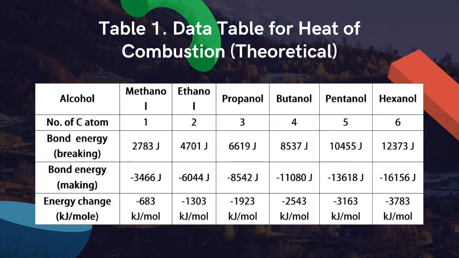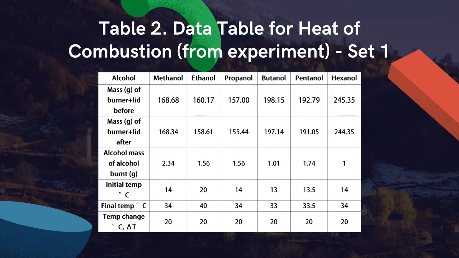They also have different bond energy requirements for breaking and bond energy requirements for making. And then, these two sets of numbers are added in order to have the energy change, or the kilojoules per mole.